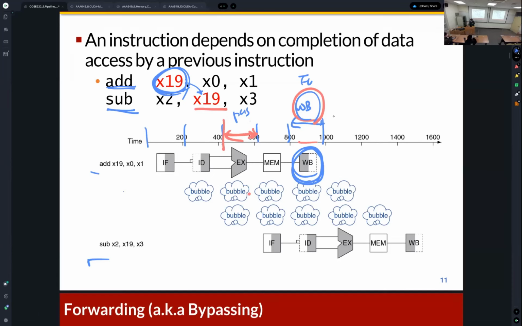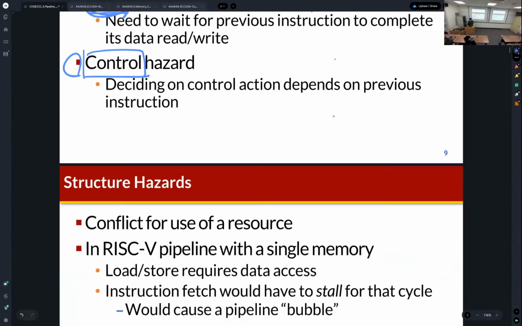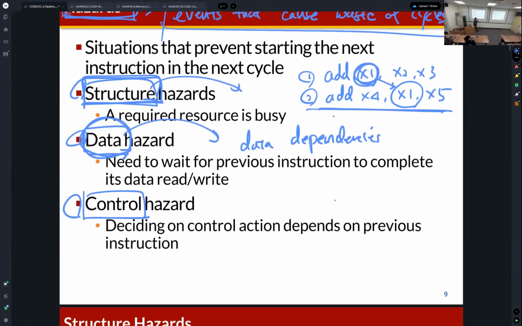And when you consider the timing of this write back, the write back is in the future, which means that the sub instruction needs to wait until the data is written back to the register file. So clock cycles are wasted. This kind of hazard is called the data hazard.